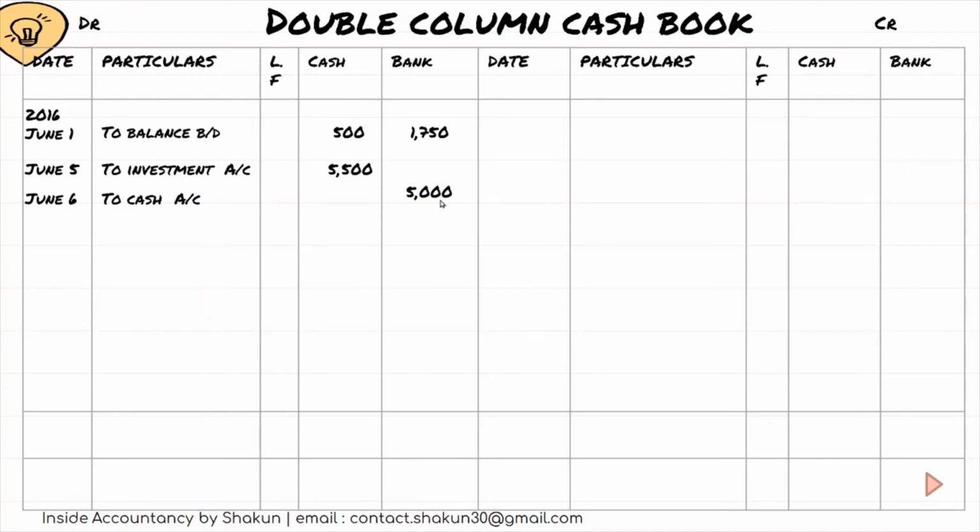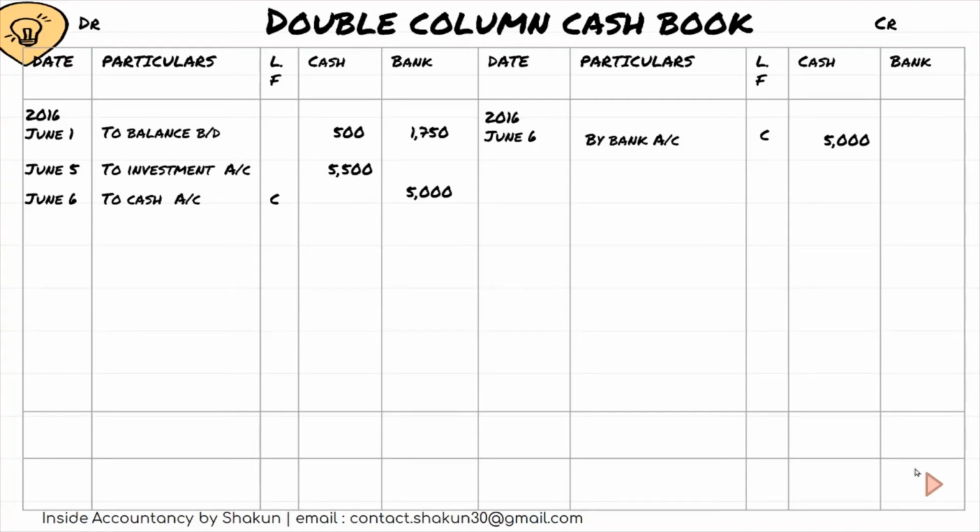Similarly, bank is to be credited. So on the credit side, we will write by bank and then the amount will be under cash. I hope the entry is clear to you. This is a contra entry which will be represented by writing a C under ledger folio. So our entry was bank account Dr to cash. On the debit side, we write to cash and the amount under bank. And on the credit side, we write by bank and the amount under cash.